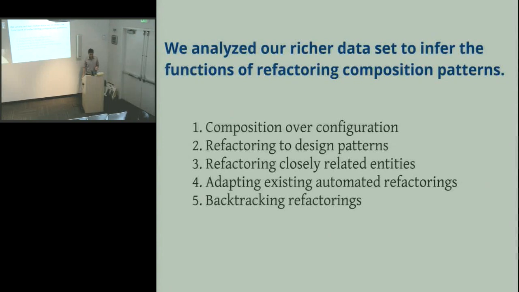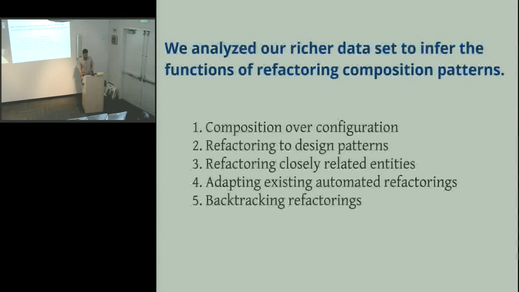We noticed people sometimes compose refactorings to avoid the configuration overhead. Like, instead of configuring the refactoring wizard for pull-up to pull up 2 methods from one class to another, they perform 2 separate pull-up refactorings. This reduces the configuration overhead by composing 2 refactorings.